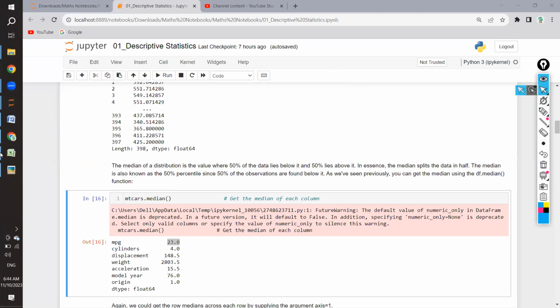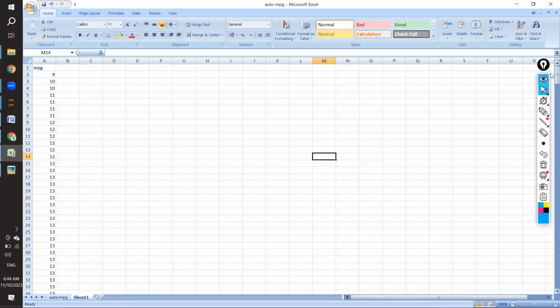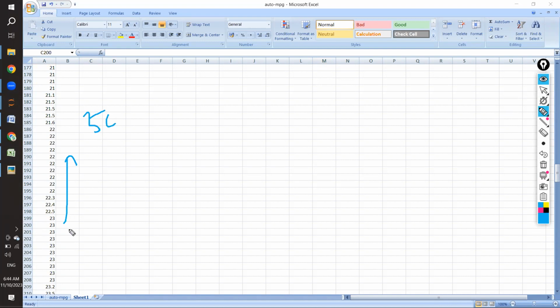So if I go to around 200, see, around 199, 200, you have 23. Clear? So above this you will have 50% of the values, and below this another 50% of the values. So that is a median.